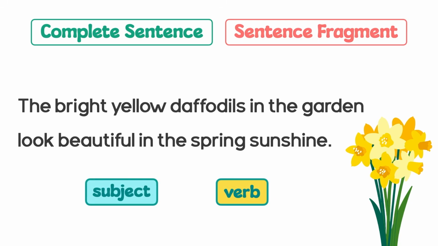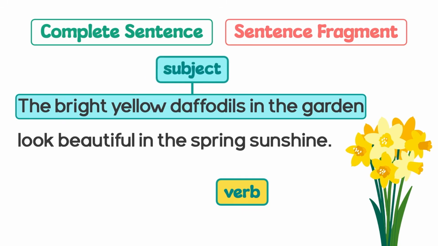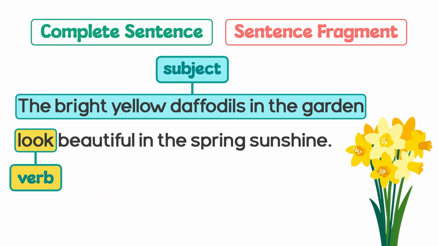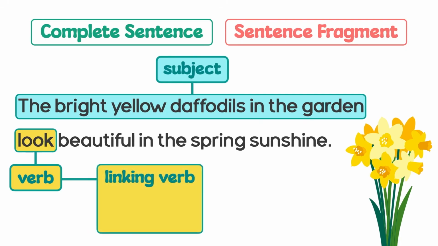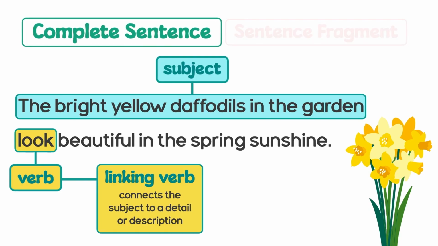Do we have both of those here? Well, the sentence is about the bright yellow daffodils in the garden. So that's our subject. And do we have a verb? Look is a verb. Here, look isn't an action verb. It's what we call a linking verb. It links or connects the subject to a detail or description. So this has a subject and a verb, and it expresses a complete thought. That means this is a complete sentence.